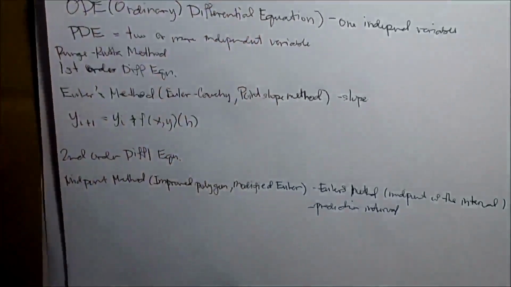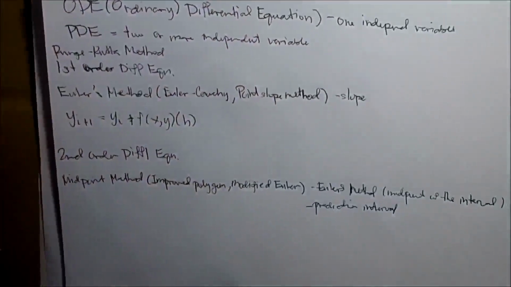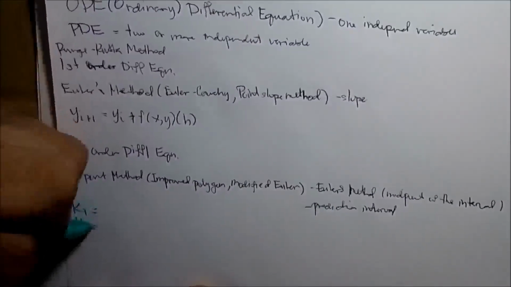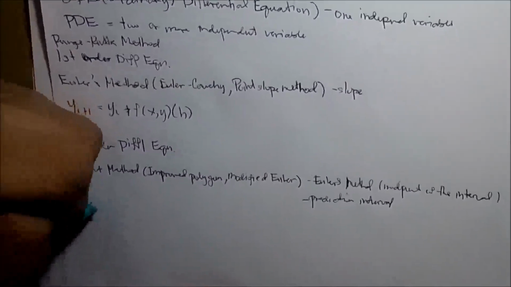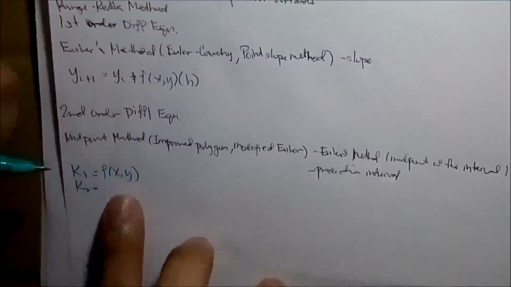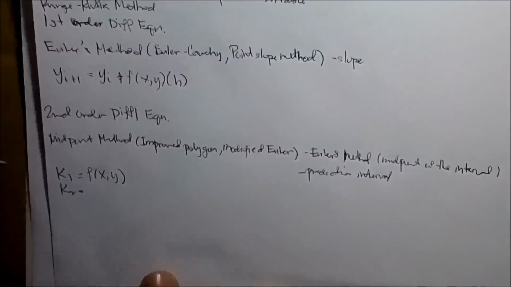The formula in this method is this. First, you must find the K1 and the K2. K1 is equal to f of x, y, which means that we substitute the x and y to the equation.